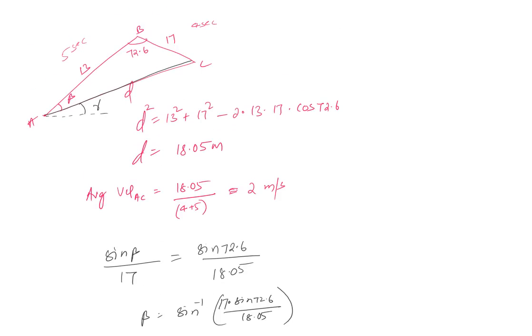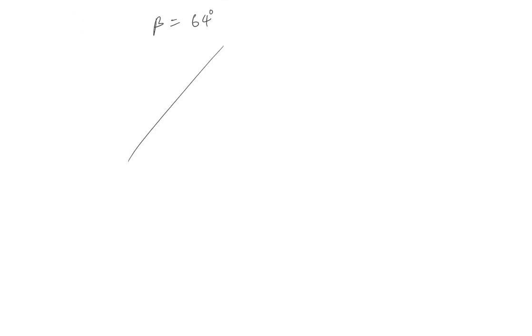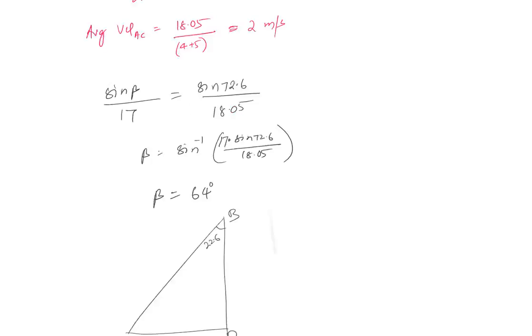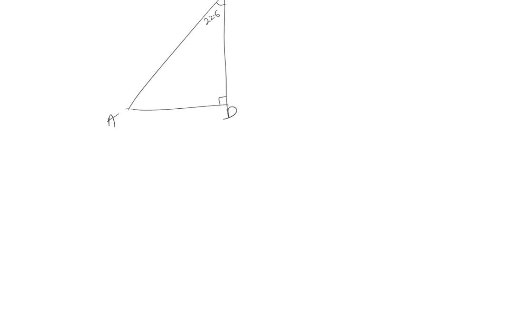Now we need to find alpha, so go back to the triangle ABD. We found this to be 22.6, right? Was it 22.6? Yeah, 22.6. This is, of course, 90 degrees. That whole angle is what? 90 minus 22.6. So 90 minus 22.6, this whole thing is 67.4.